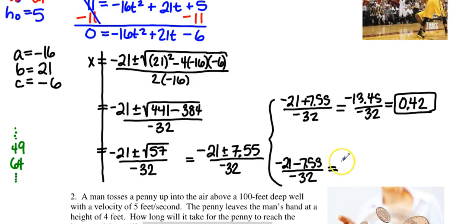Now here, negative 21 minus 7.55 got me negative 28.55, all divided by negative 32. Once again, negative divided by negative is a positive, and then 28.55 divided by 32 is 0.892.